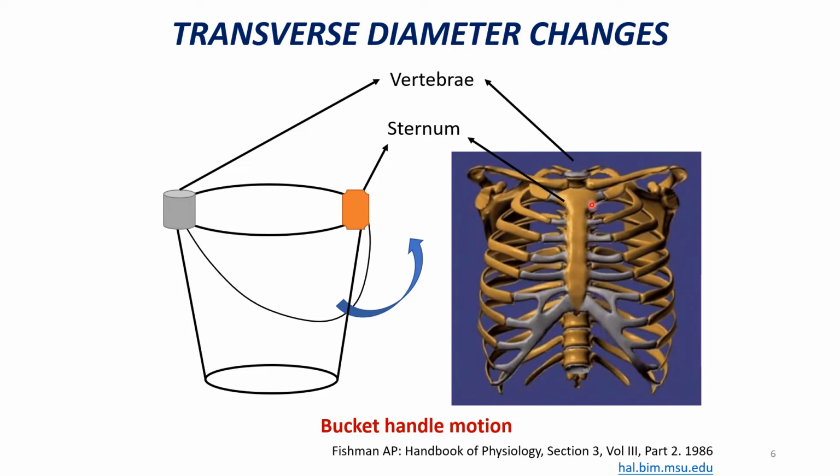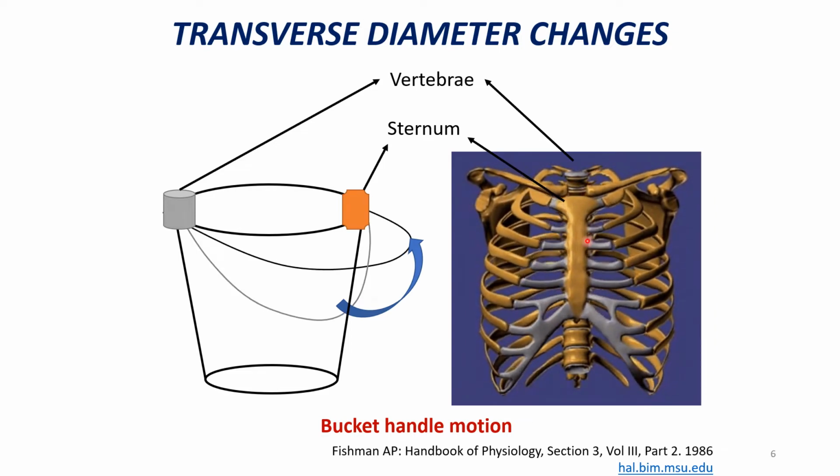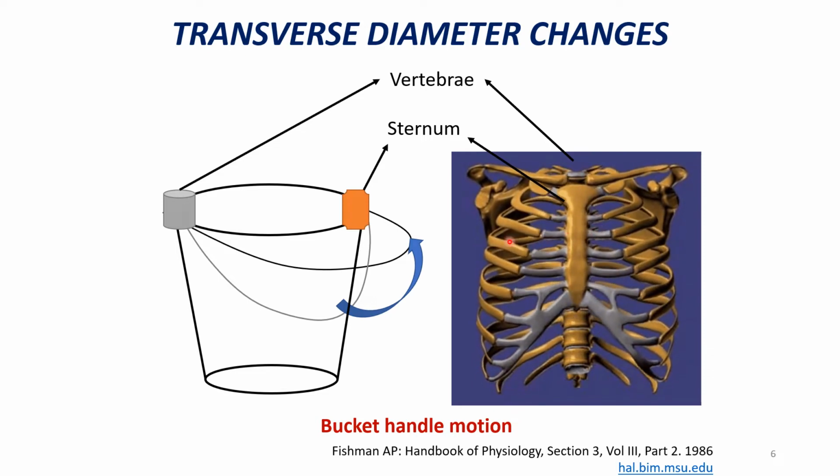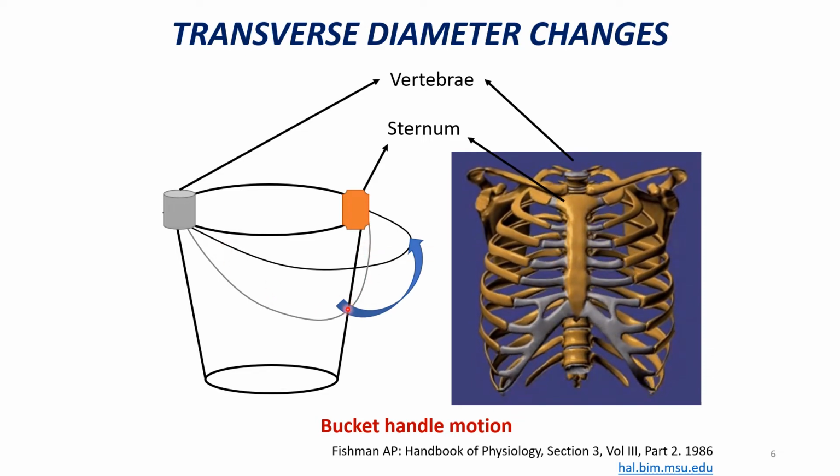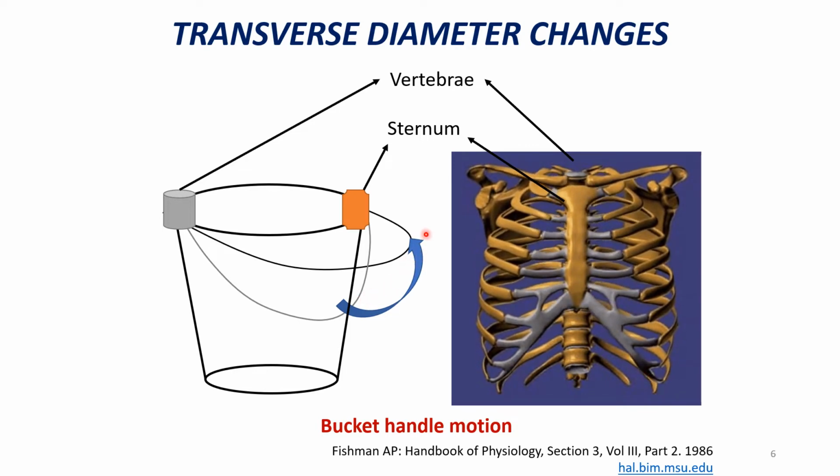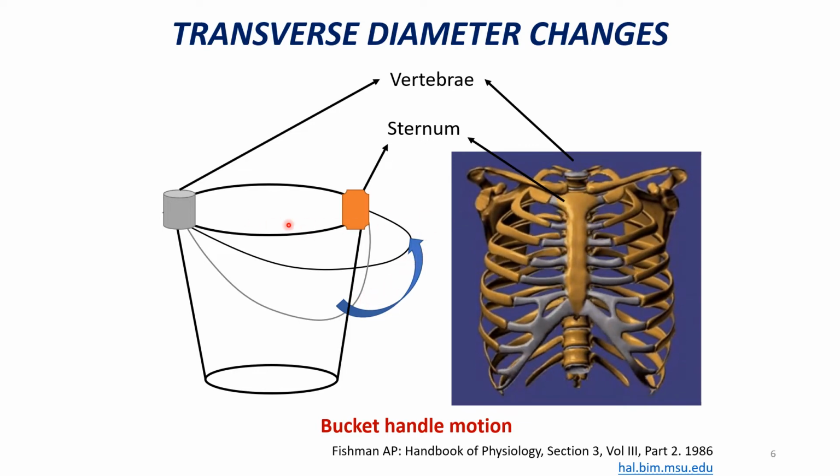Between these two, all the ribs are like a bucket handle on both sides, which were previously downward, and as they move upward and forward, the transverse diameter changes.